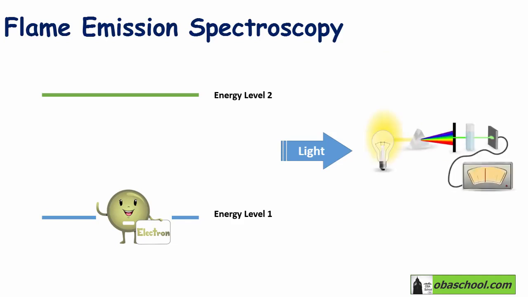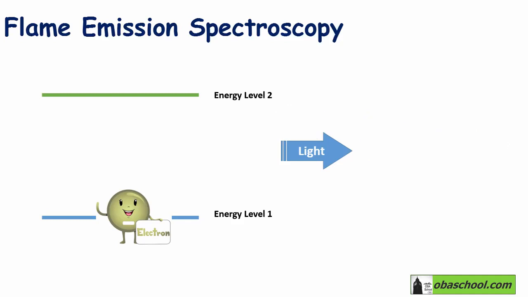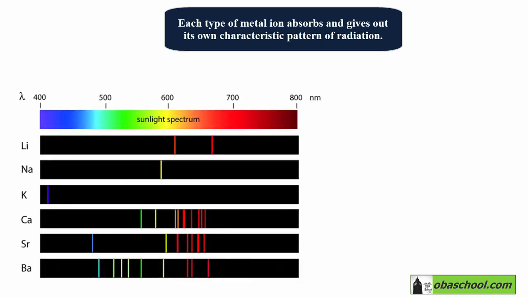In the spectrometer, the wavelengths of the light produced can be analyzed by passing it through a spectroscope. Each type of metal ion absorbs and gives out its own characteristic pattern of radiation, and this is called the line spectrum. So over here we have the line spectrum of common metals.